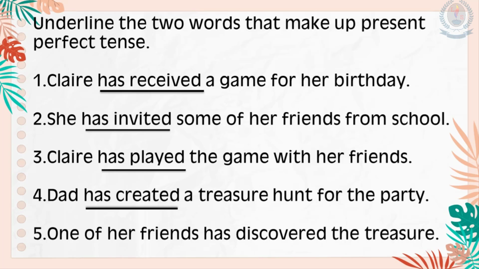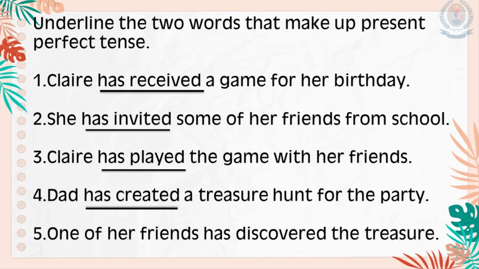Number 5. One of her friends has discovered the treasure. Here, you might have been confused, children. One of her friends has. Why is that? First of all, let me tell you. When we use one of, we can see at the end of the subject, friends. Remember children, when we use this one of, there should always be a plural noun.